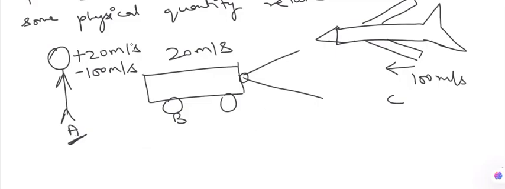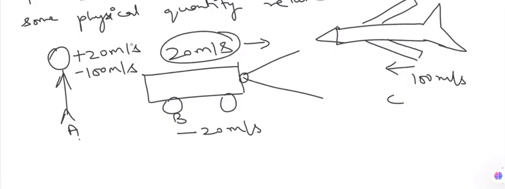So basically, as per B, this particular object is going away with a speed of 20 meter per second, whereas the plane is coming towards it. The vehicle is going in this direction with 20 meter per second and the plane is coming in this direction.